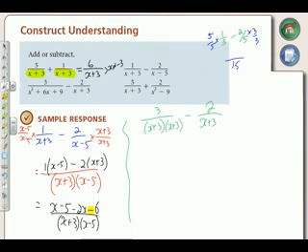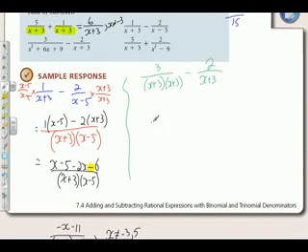The first one has an x plus 3 and a second x plus 3. So x plus 3 times x plus 3 has to be there on the first denominator. The second one has already an x plus 3, so I don't have to add a third one. But it's missing one, so I'm going to have to multiply this one by x plus 3 over x plus 3.